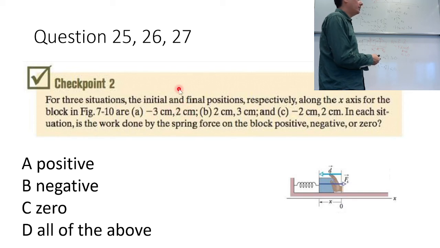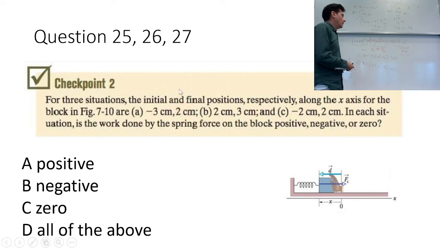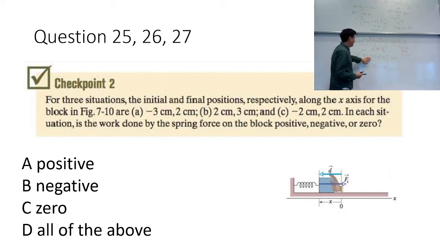So is the work done going to be positive, negative, or 0? Positive. Basically, we can just follow this formula. Initial is -3, but it's -3 squared, right? So 9 minus 2 squared, 4. So it's positive.